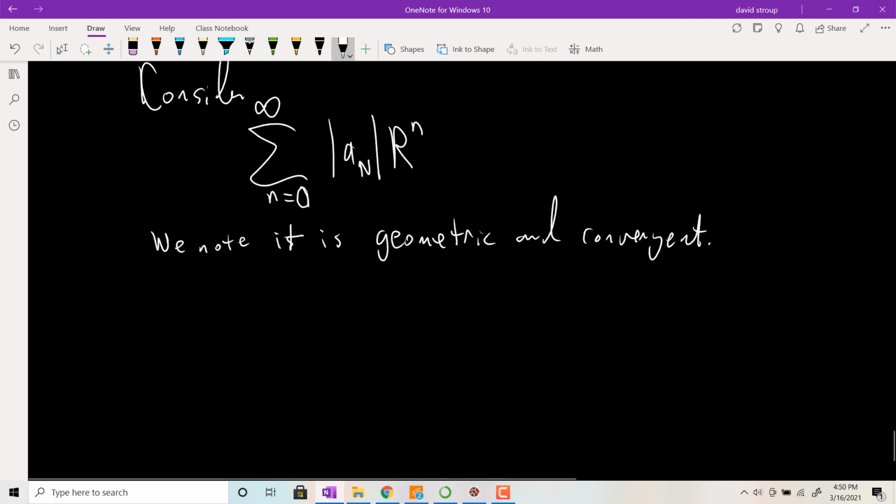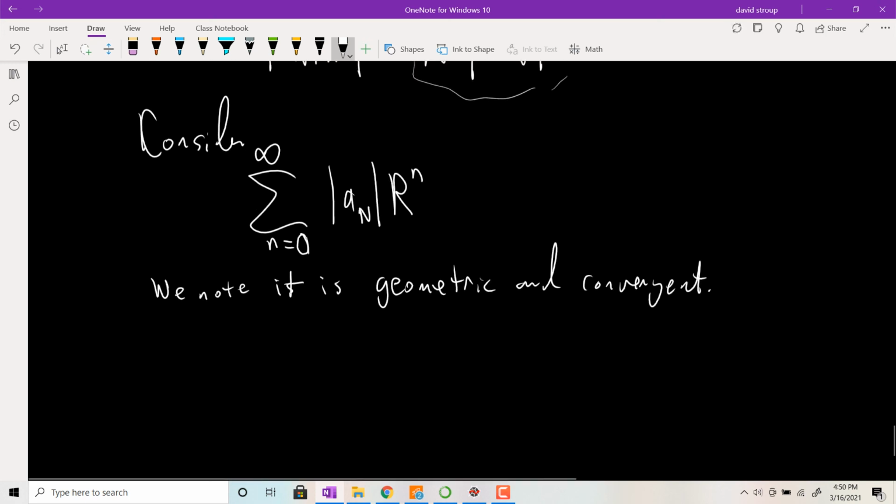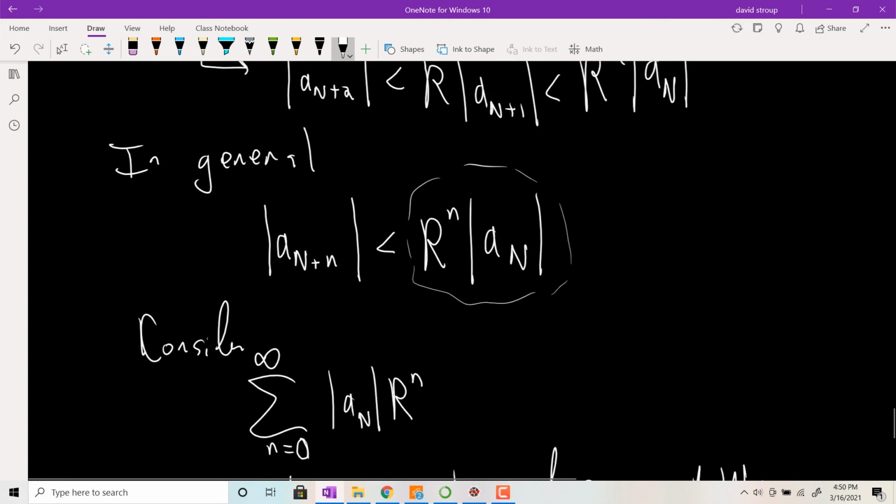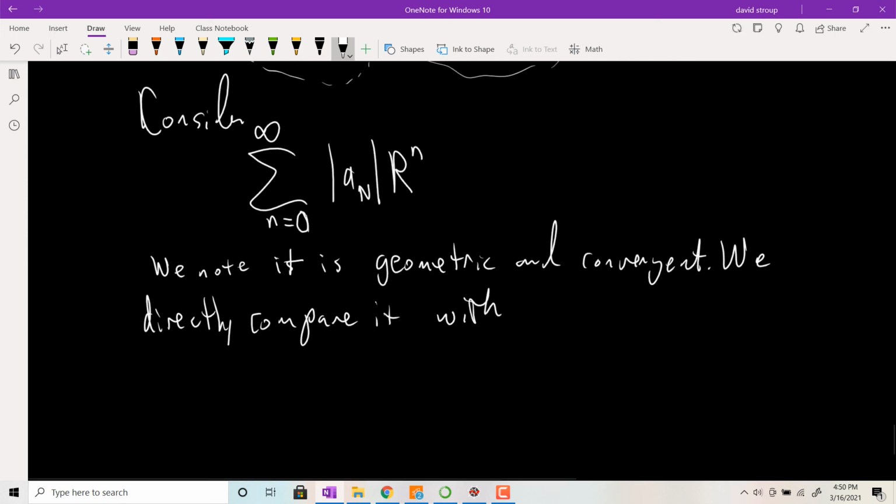So from there, we are doing a direct comparison with this other series where the terms are from the left side of the inequality back here. Okay, so we can directly compare it with this other series, n equals 0 to infinity of the absolute value of a sub big N plus little n.